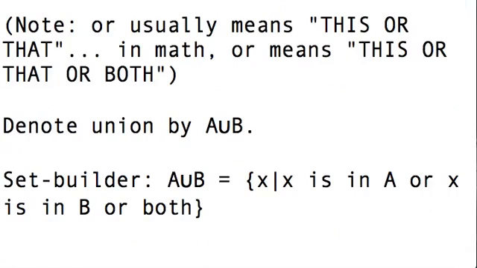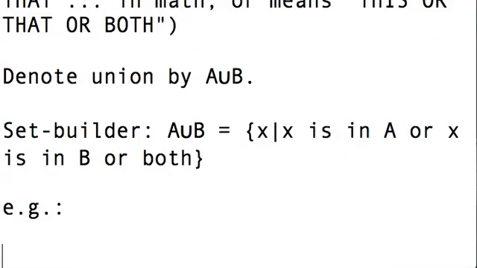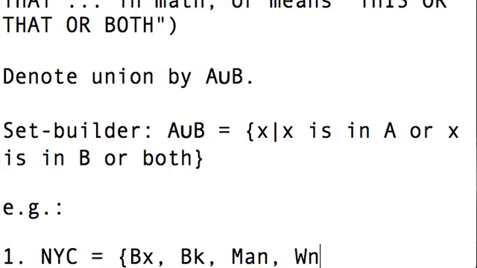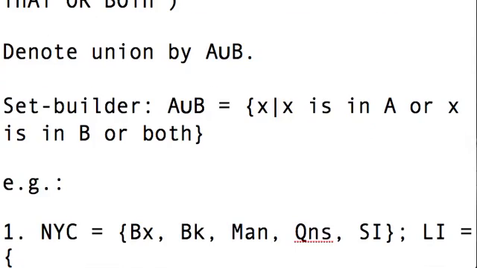Great. So what are some examples of this sort of thing? Well, let NYC be the set of counties in New York. So we have the Bronx, Brooklyn, Manhattan, Queens, and Staten Island. Now let Long Island be the counties that are on Long Island.